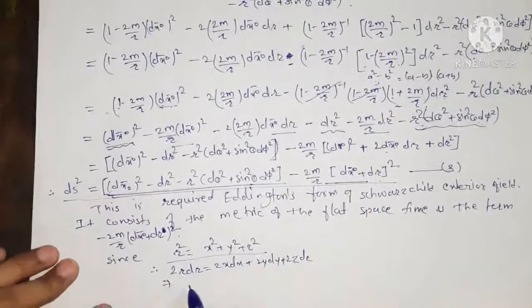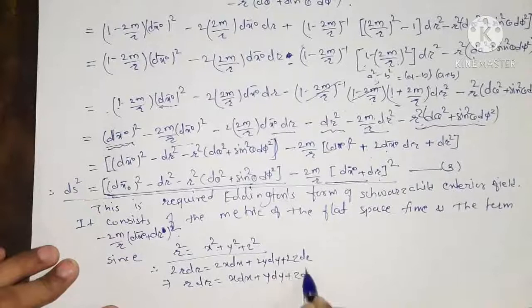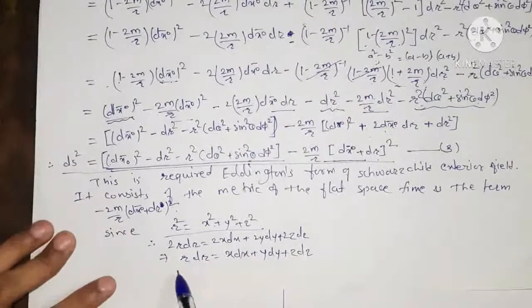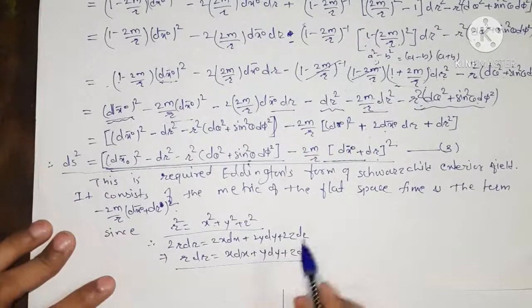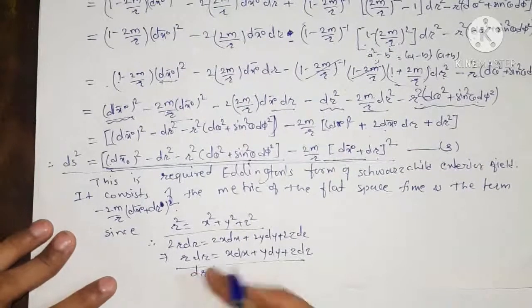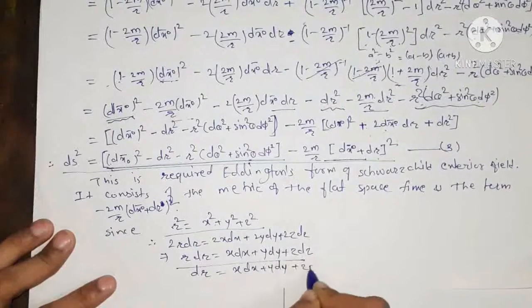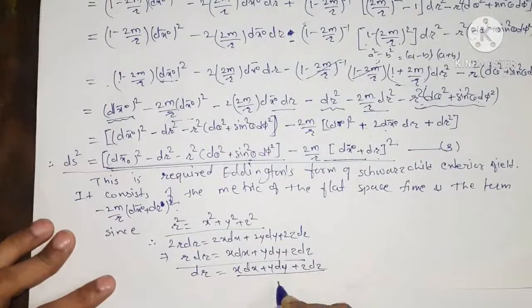This implies r dr equals x dx plus y dy plus z dz, right? So dr equals (x dx plus y dy plus z dz) divided by r.